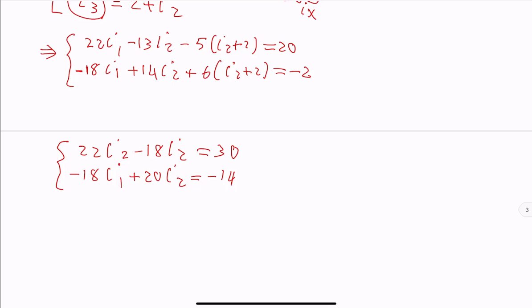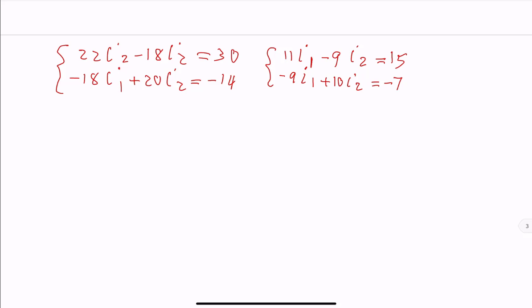Divide all coefficients by 2 to make this a little bit simpler. We have 11 I1 minus 9 I2 equal to 15, negative 9 I1 plus 10 I2 equal to negative 7.